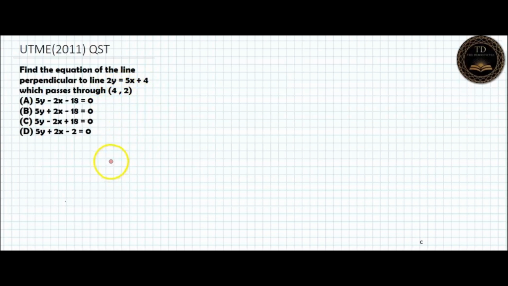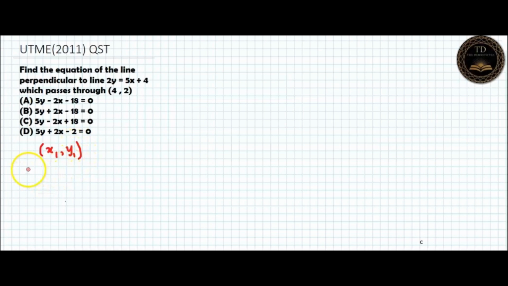Now, what we are just required to do is use the general form for the equation of a line that passes through a point, let's just say (x1, y1).